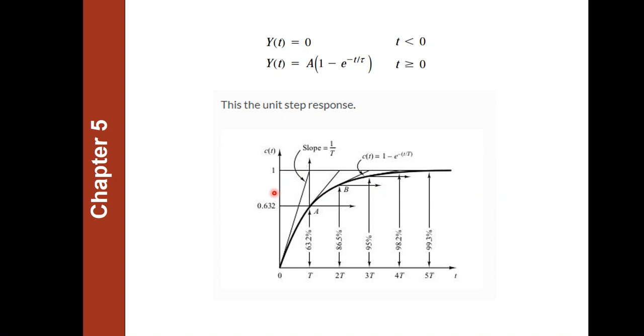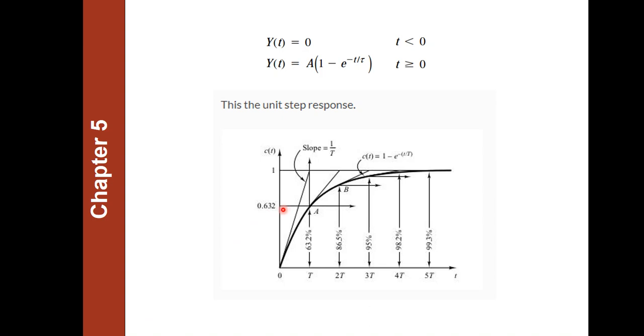So if the magnitude of your step input is not 1, all you have to do is multiply the percentage here by that magnitude of the input. That is already the magnitude of the change of your output based on the change in the given input. And that is when we speak of the step response.